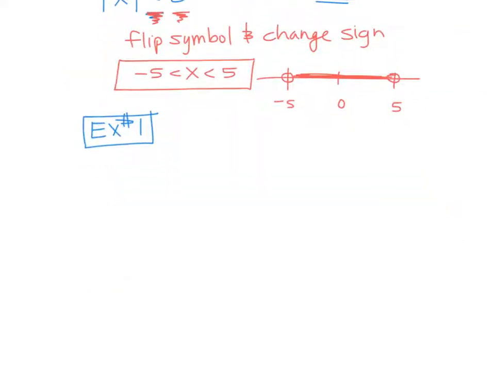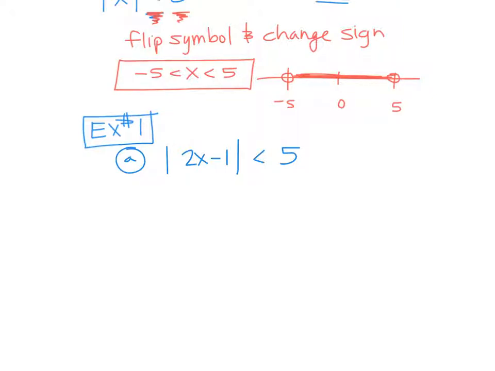First example. Let's say we have the absolute value of 2x minus 1 is less than 5. Okay, so right now when there's absolute value and it's less than, we know it's an and problem. So our answer is going to be coming together when we graph it. So like I said, you're going to flip your symbol and you're going to change your sign.